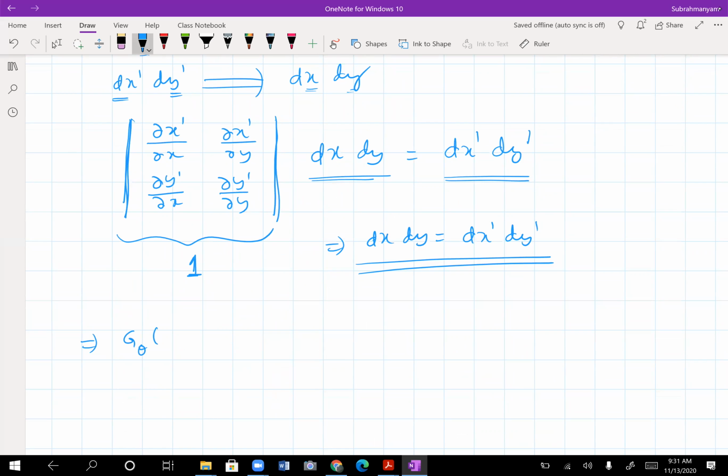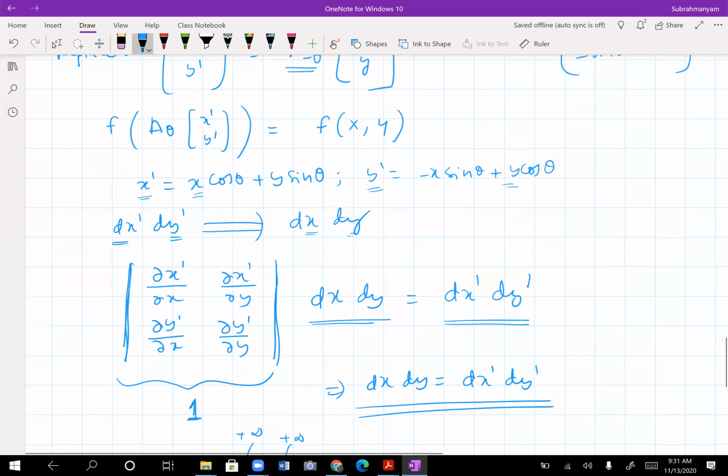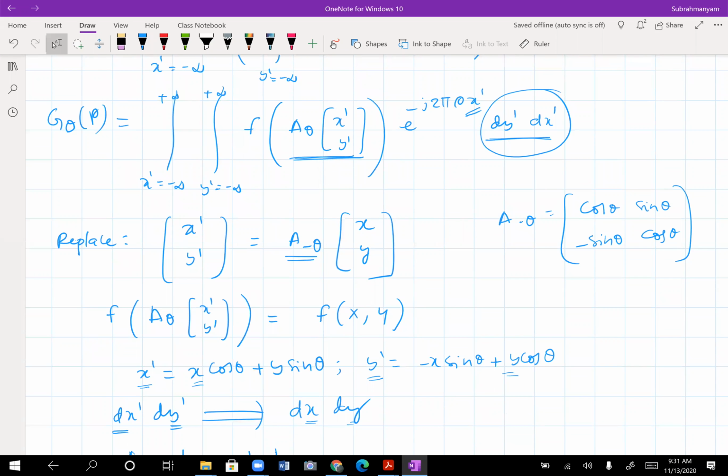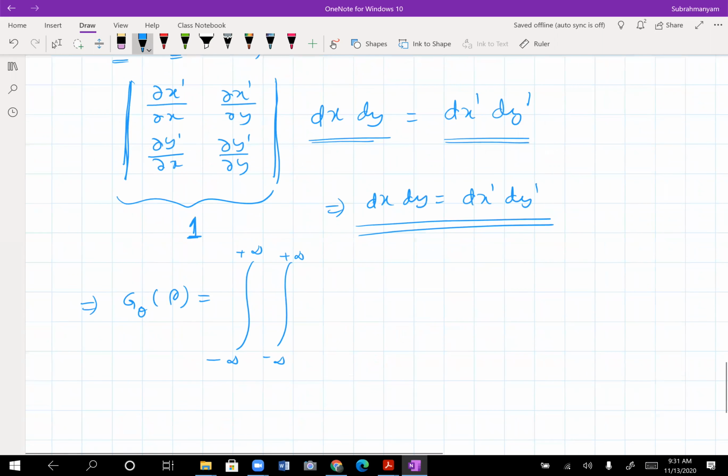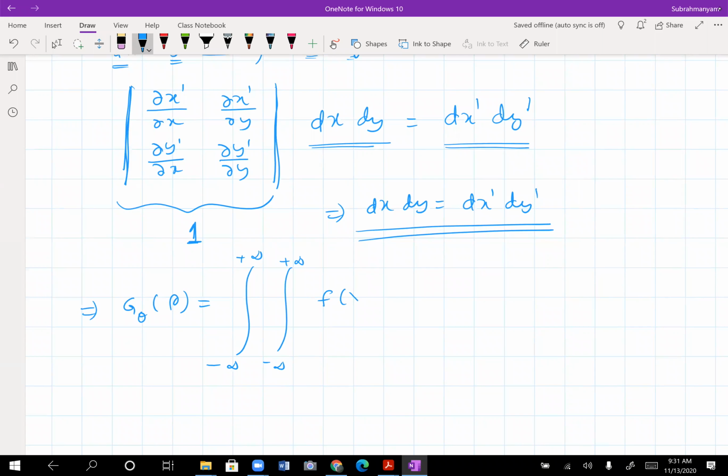G theta of rho is equal to, now your x and y are varying from minus infinity to plus infinity. Inside this, now this turned out to be f of xy, right?